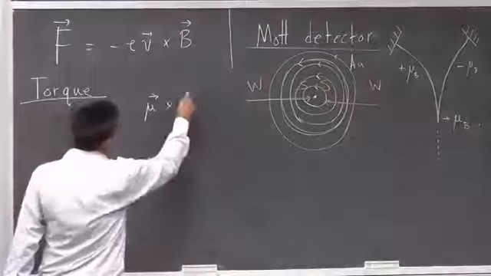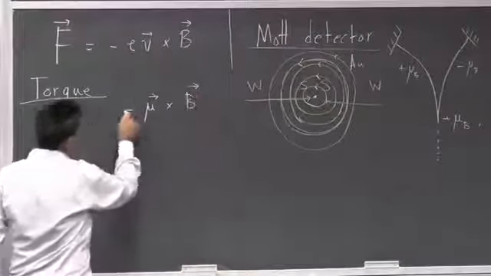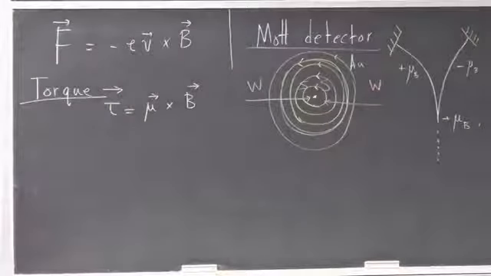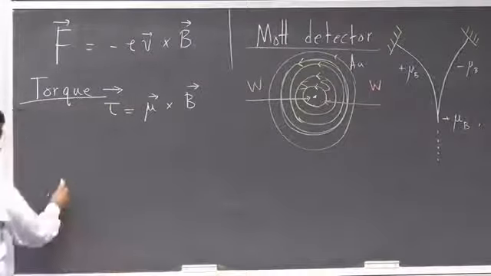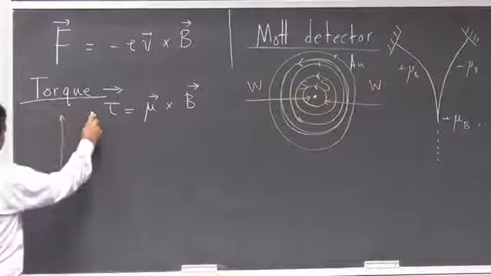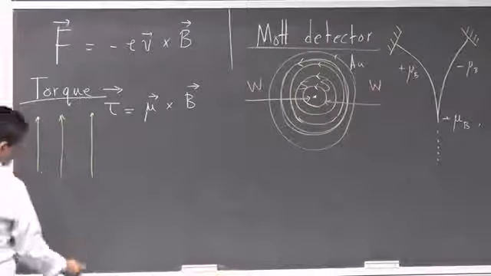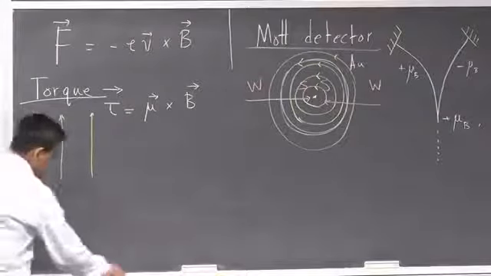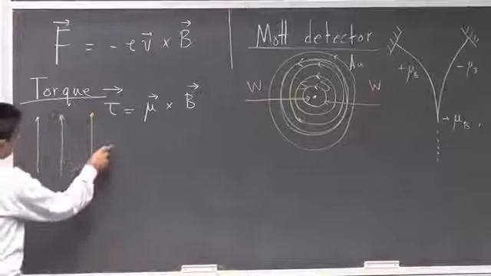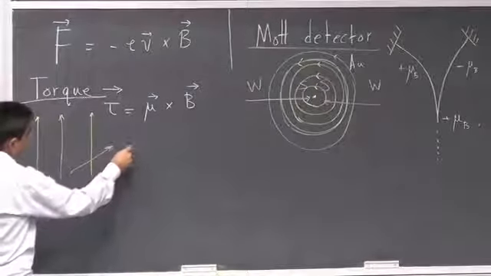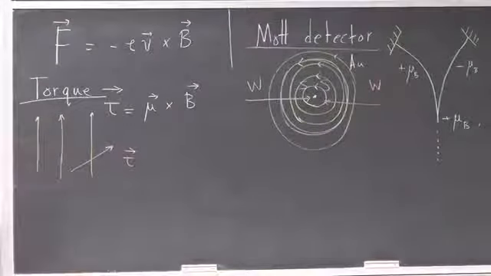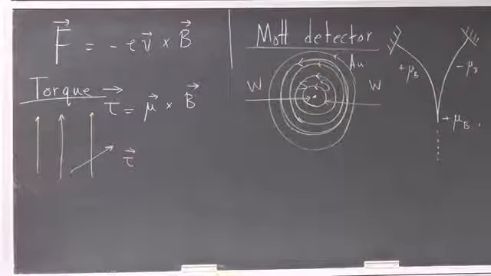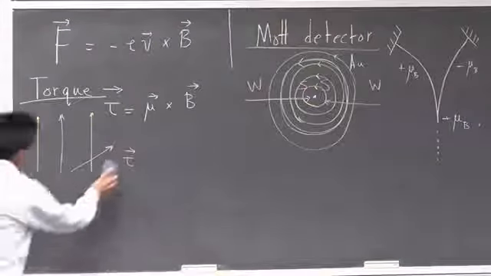This is mu cross B. This is something you learn from basic electromagnetism. So if I have a magnetic field pointing in the up direction, and a moment pointing in an arbitrary direction like this.